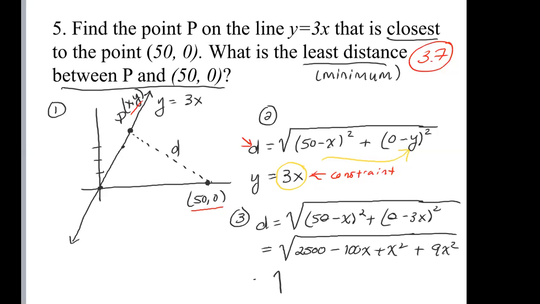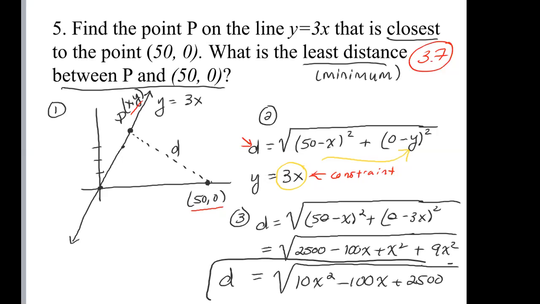I can combine like terms underneath. x squared plus 9x squared is 10x squared, minus 100x plus 2500. That is a distance equation, the distance between that point (50, 0) and any given point on the line y equals 3x. So I have a formula to work with.